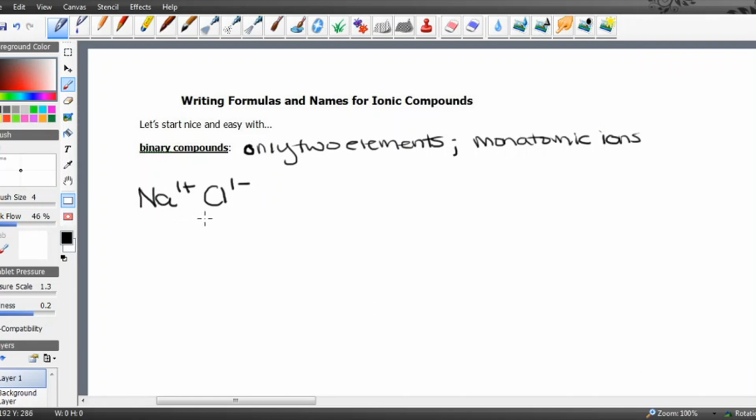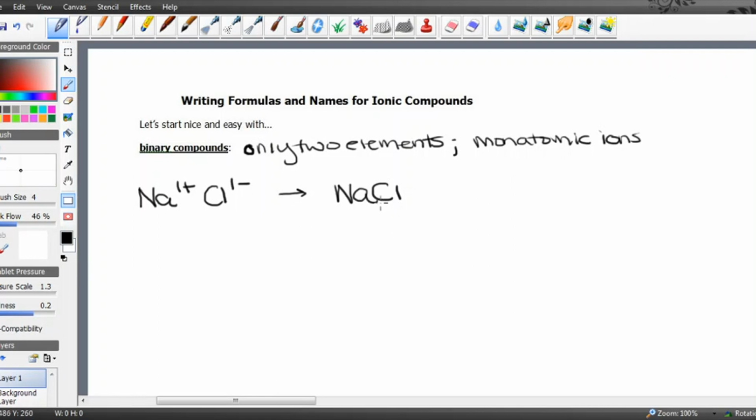In other words, to have a stable ionic compound, the charges have to net out to 0. And we know that a 1 plus and a 1 minus will cancel one another out. So I only need 1 sodium and 1 chlorine. And I show that formula for the compound as NaCl, just like we did when we were drawing Lewis dot diagrams.